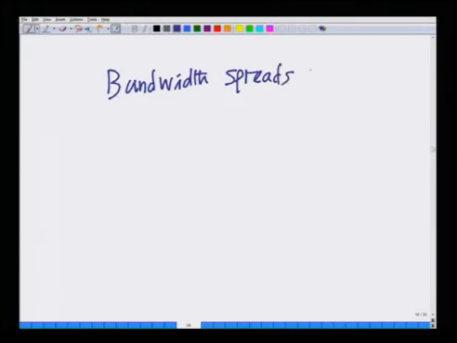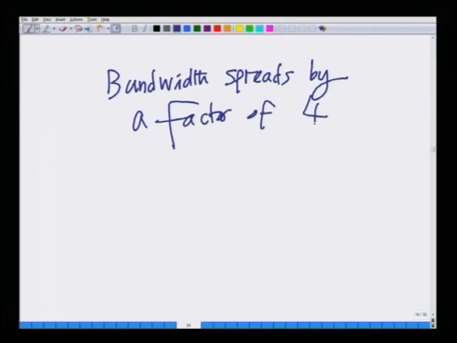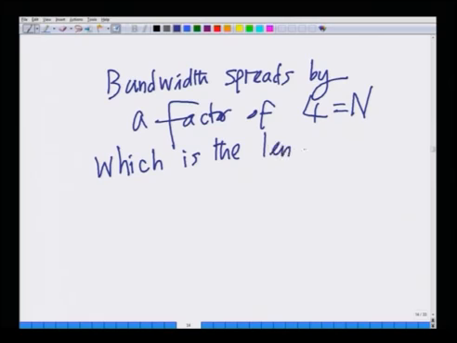The bandwidth spreads by a factor of 4, equal to n, which is the length of the spreading sequence.